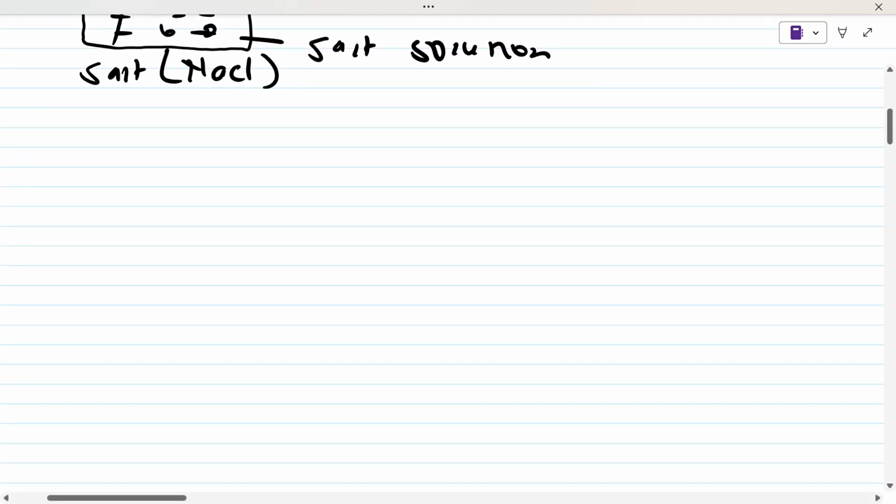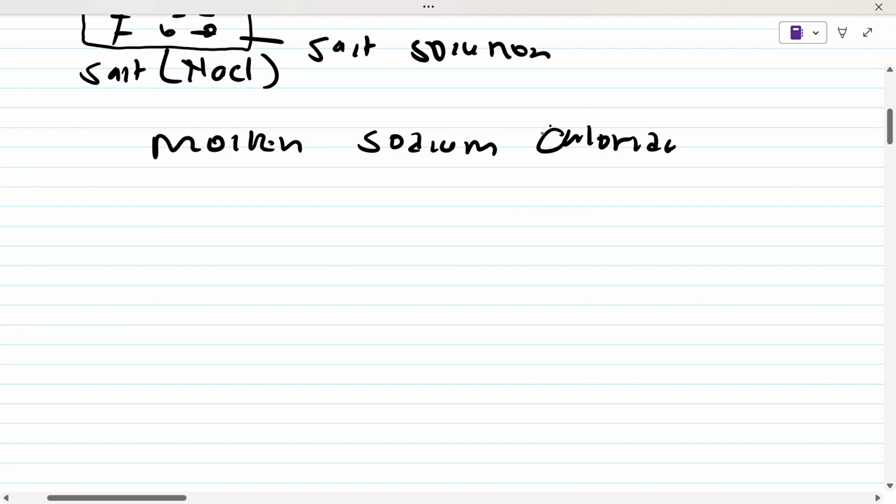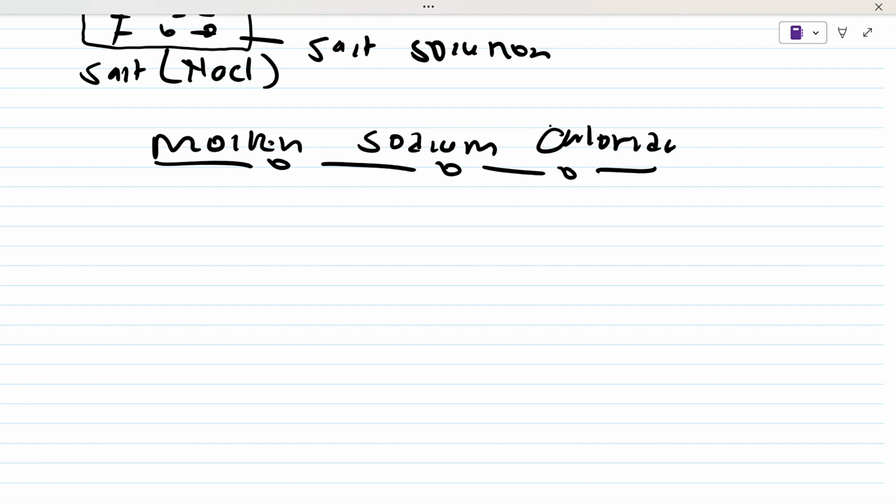So when dealing with molten sodium chloride, these are the things that I need to know. What is my electrolyte? How am I going to arrange my electrodes into that electrolytic tank? And at the end of the day, will electric current flow?